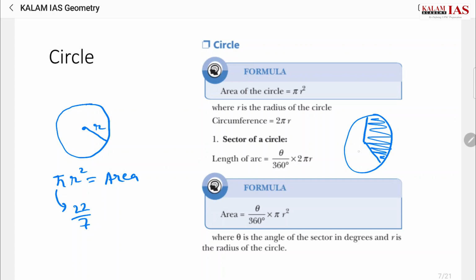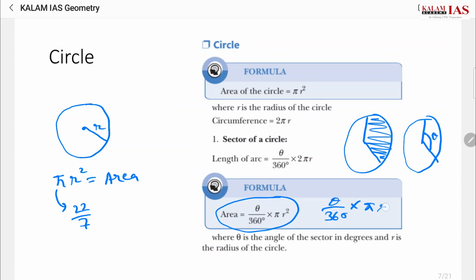To find this area, we need this angle. If this angle is theta, the area of this sector will be theta by 360 into pi r square, and the length of this arc from here to here will be theta by 360 into 2 pi r.